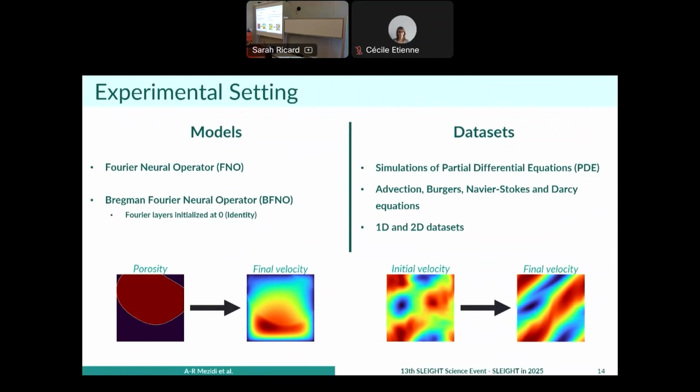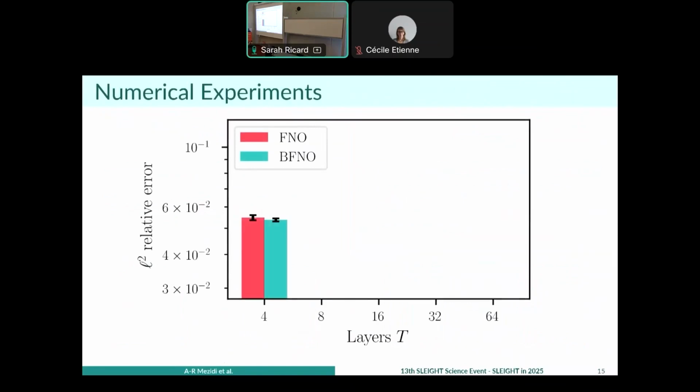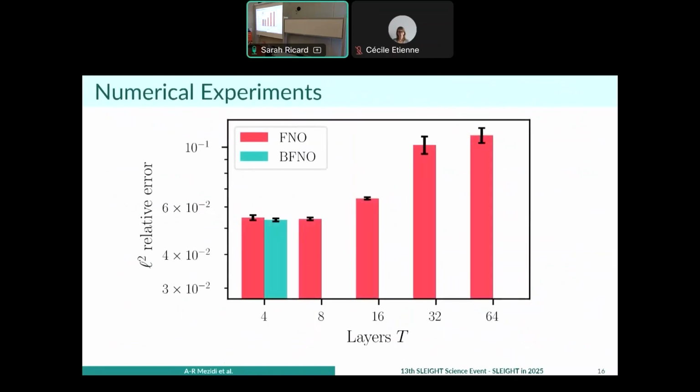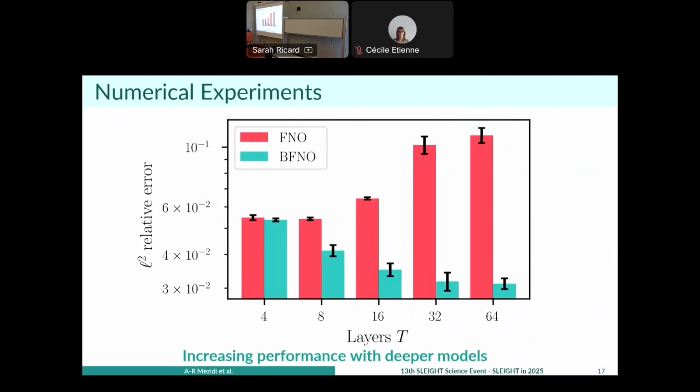Why did you stop at 64 layers? You could have added more. The idea was just to show scalability. I think it depends on the dataset, but for some datasets, you could add more layers. But I'm not sure that the gain would be really interesting because, as you can see, we have some gain, but we have less and less performance increase.